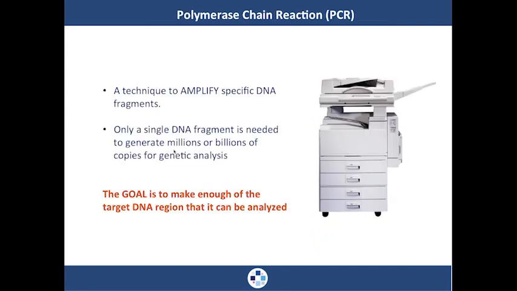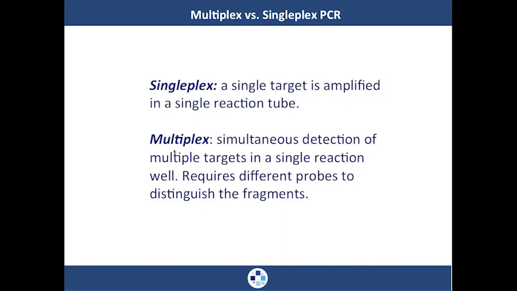And the bottom line here in the red is that the goal is to make enough of the target DNA region so it can be analyzed. It can say, yes, you have this particular bacteria, this virus, this parasite, this fungus, because it was a match with what's known as a probe, the DNA strand matched, and you get wonderful test results back. So that's part of a lot of advanced stool analysis tests, and I want to make you aware of that.